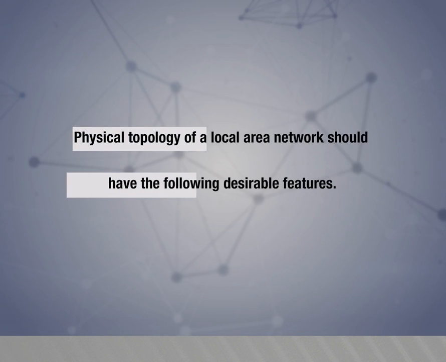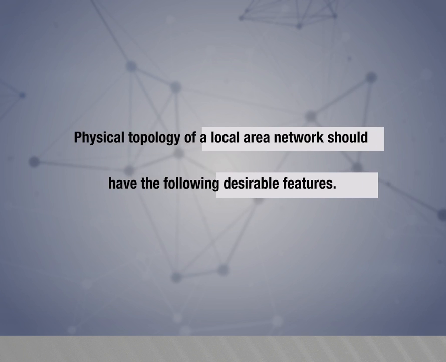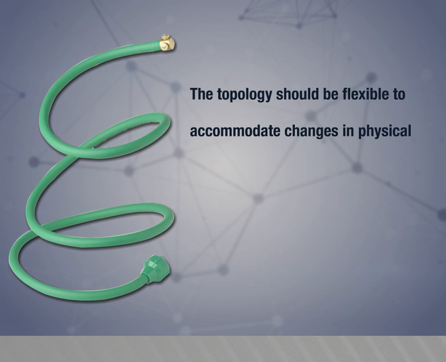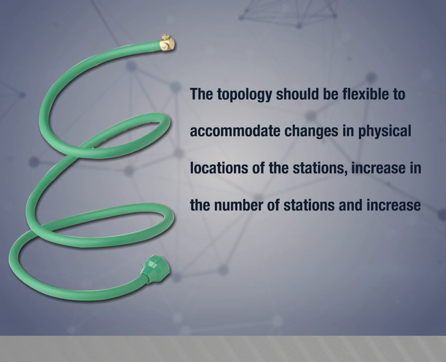Physical topology of a local area network should have the following desirable features. The topology should be flexible to accommodate changes in physical locations of the stations, increase in the number of stations, and increase in the geographic coverage.